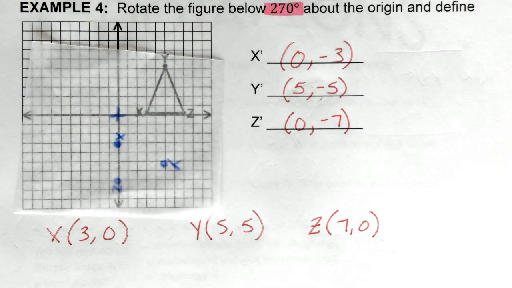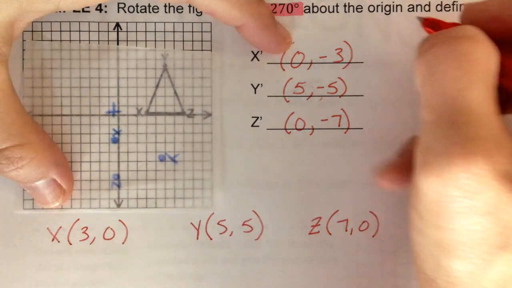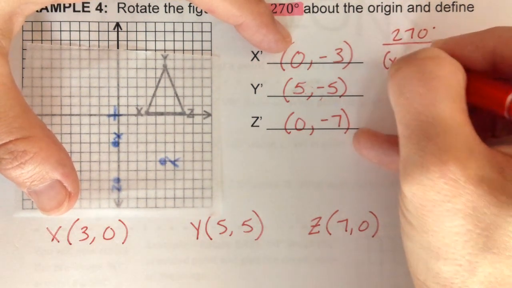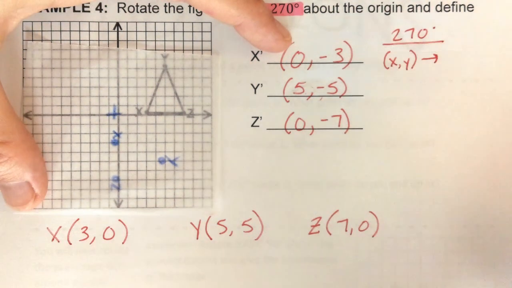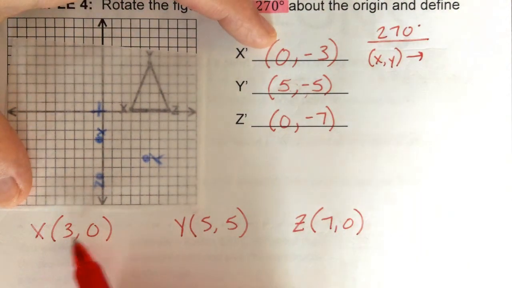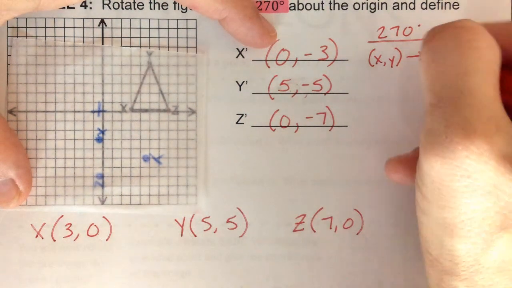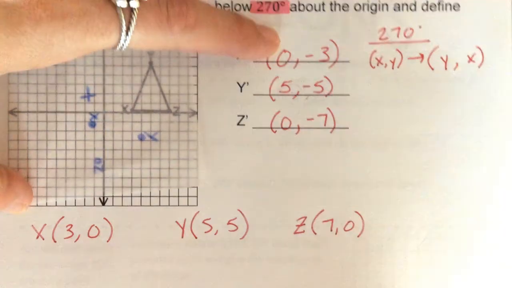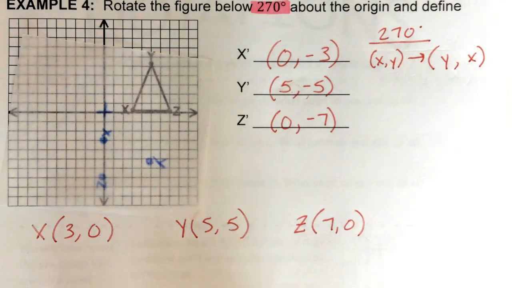And here you go. Now, I will be honest with you, it's a little bit more difficult to figure out what's going on. You can kind of see a change between X and X prime. Our 270-degree rotation is going to go from X, comma, Y, and we do see that the 3 and the 0 are switching places. So we are going to change Y and X around. Now, because we have that 0, that's why it's tricky. Does that change signs or not?